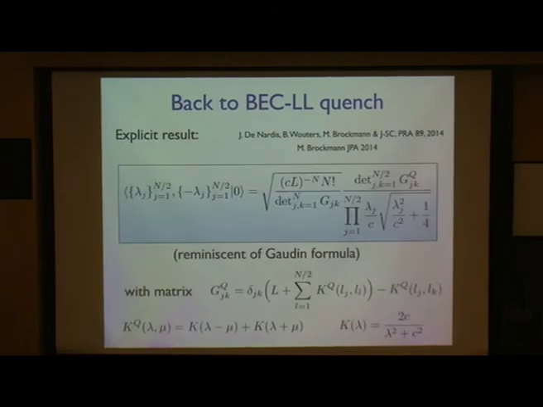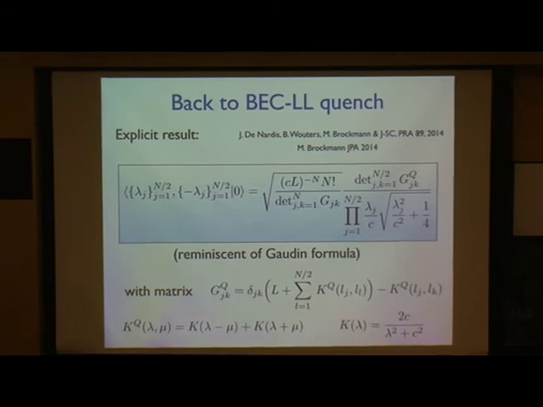One of the things we came across last year was that if we look at this initial state, which is a Bose-Einstein condensate-like state, with everybody in the zero momentum state, we were able to find an exact formula for the overlap of this state with a generic Bethe state. This is a different take on the Gaudin formula, like a doubling of a Gaudin formula for the number of states, but this overlap is exact.